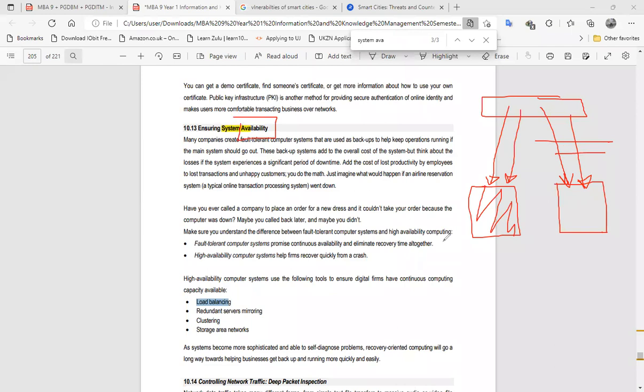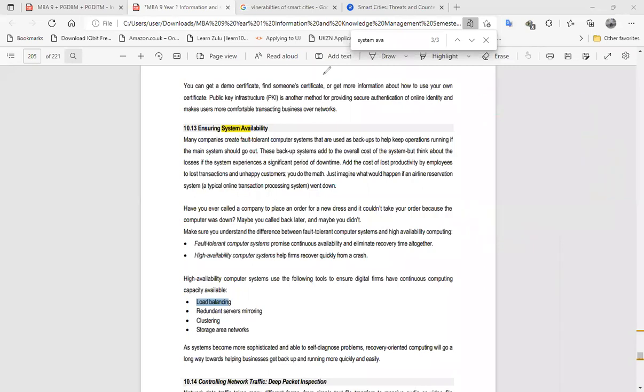Then clustering. I think I might be wrong, but I think it involves companies trying to put instances together.